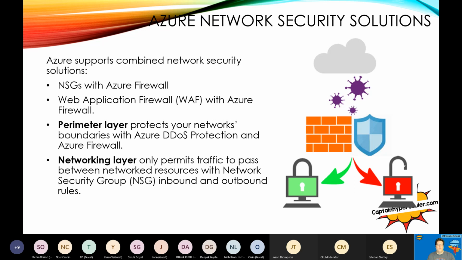And then at the network layer, you have your network security group and all your network resources, your VNet to segment, and all of those things. So you can group together multiple services, again, to create that defense in depth approach. So you're putting in place different gates that an attacker is going to have to get through to get into your environment.